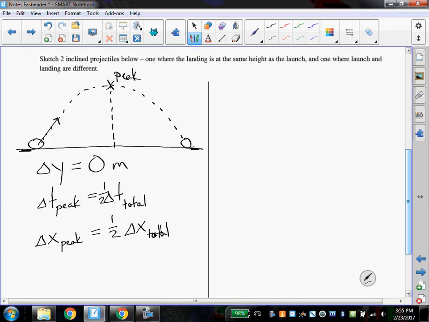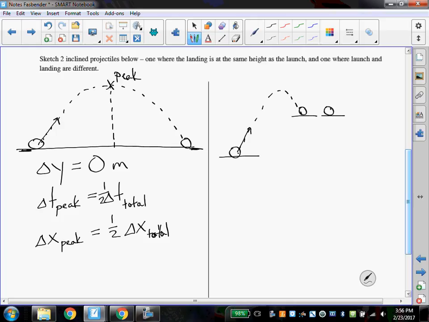But before we get to that next video lecture, let's talk about other situations where we can have angled projectiles. We may have an angled projectile that starts very low, and we shoot it, and it lands higher than where it started. This could go the other way as well.